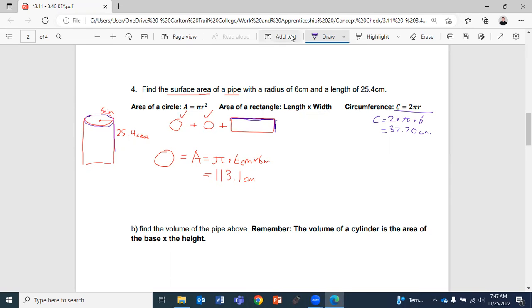Okay, so now I can properly figure out the area of my rectangle. So the area of my rectangle is equal to length times width, right? It's a rectangle. I know my length, which is 25.4 centimeters.